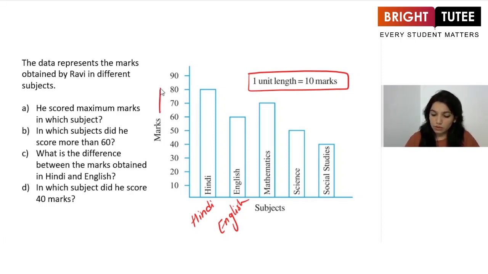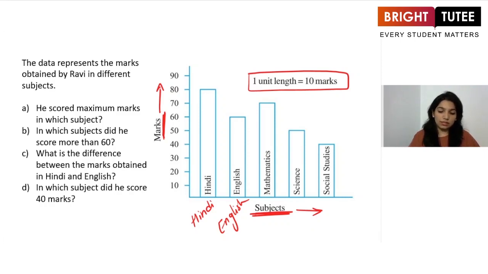But it is very important that you do write what you are representing here and what you are representing here. These are what we call the axes. This is the representation of what we are using on that particular vertical or horizontal line. So it is very important that you do write what you are representing.